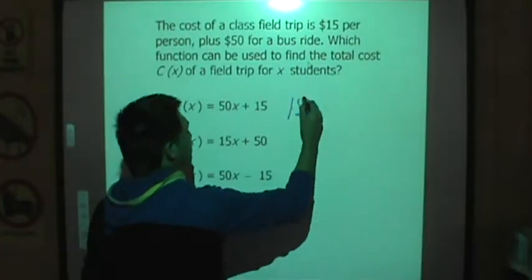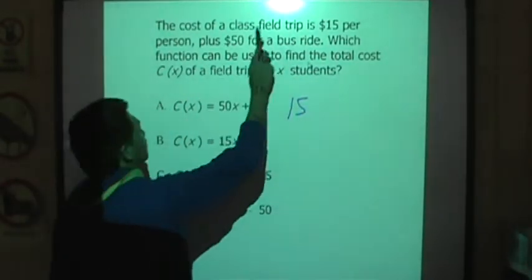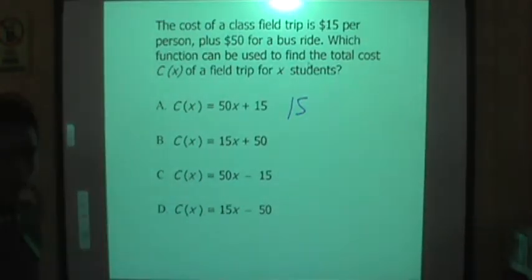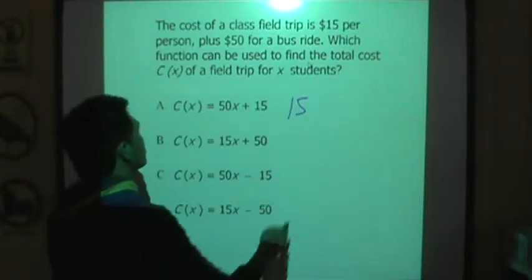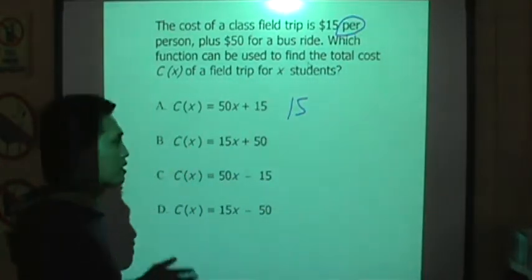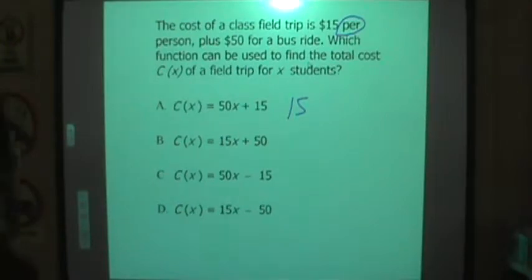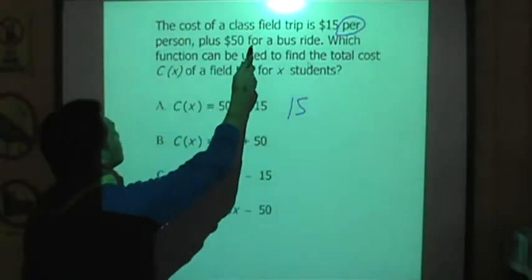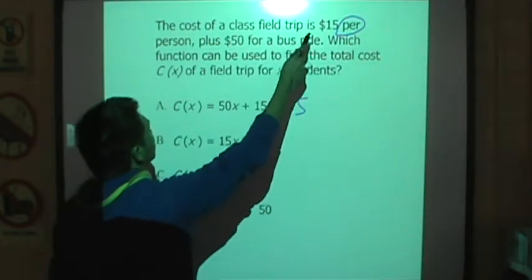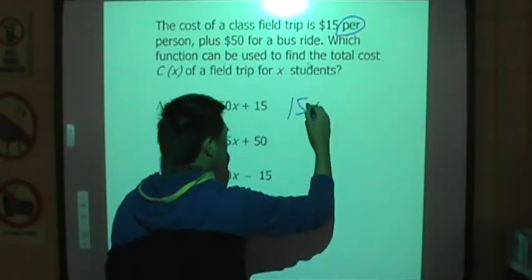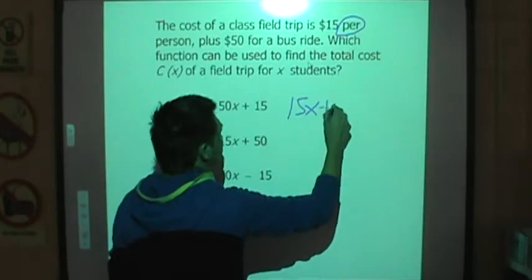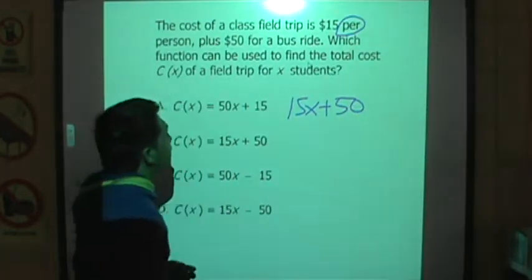So 15. Now, which number here will get the x? We learned that if you see the word per, that means that number will get the x. So in this problem, the cost of a class field trip is $15 per person. So $15 per person, and then plus the $50.